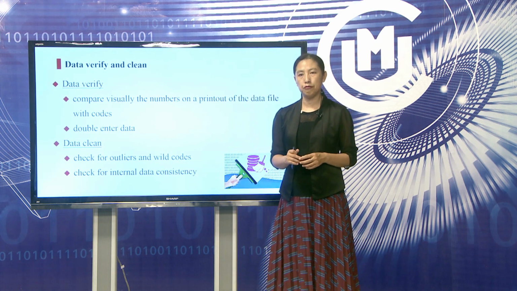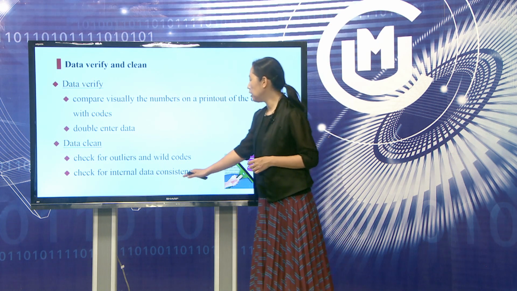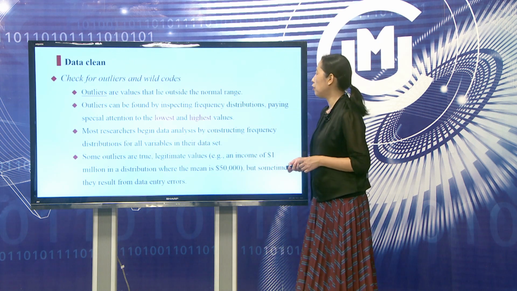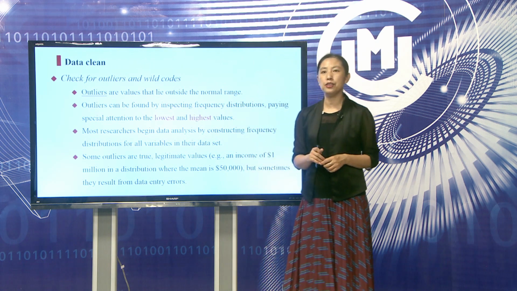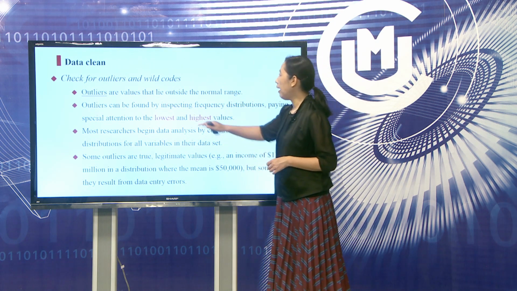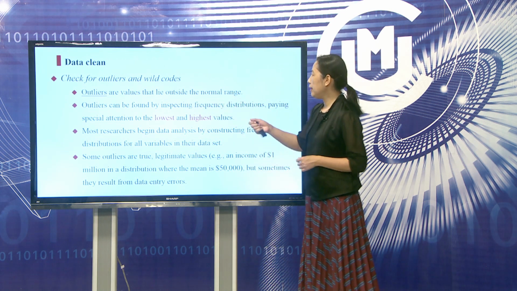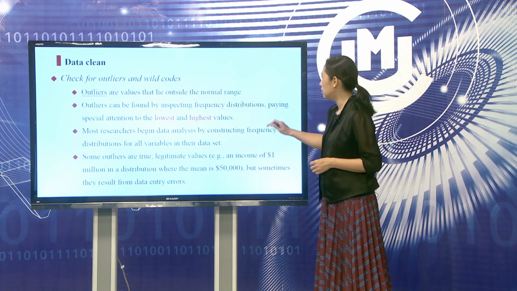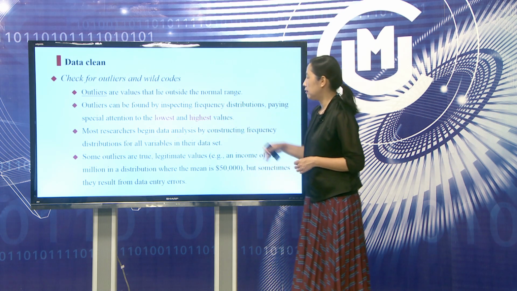First, you check for outliers and wild codes, and then you check for internal data consistency. So how to check for outliers and wild codes? What do outliers mean? Outliers are values that lie outside the normal range. Outliers can be found by inspecting frequency distributions or paying special attention to the lowest and the highest values.